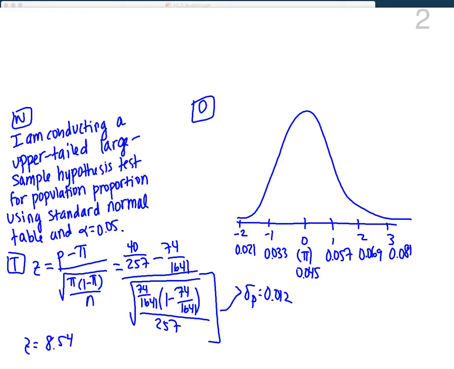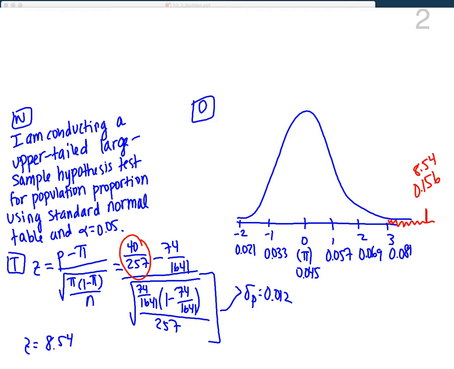Okay, now we need to label her z-value. So I'm just going to do one of those little squigglies, that means it continues, and then put her over here, 8.54. You also need to put the sample proportion that goes along with that, which is her 40 over 257, that is 0.156.